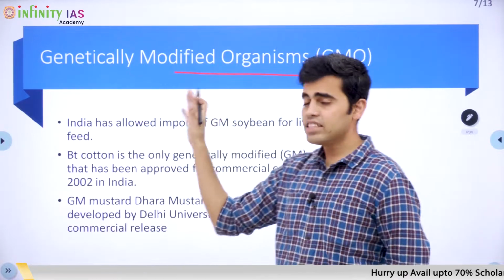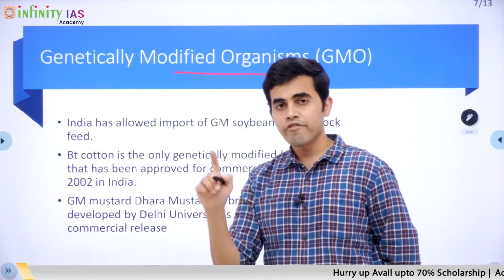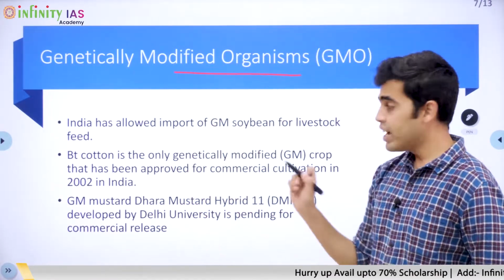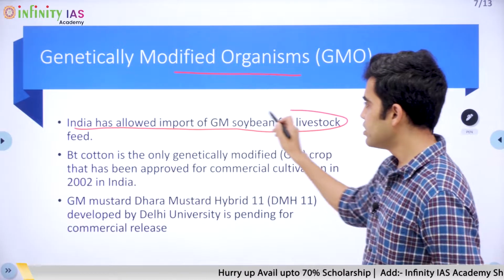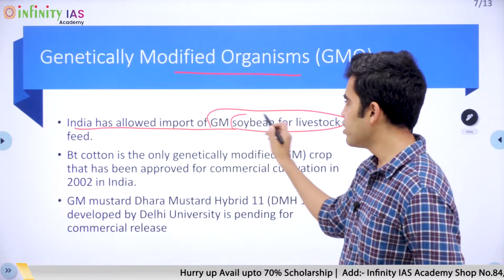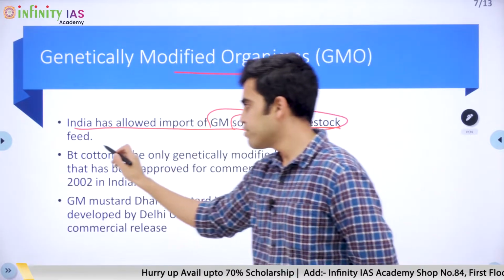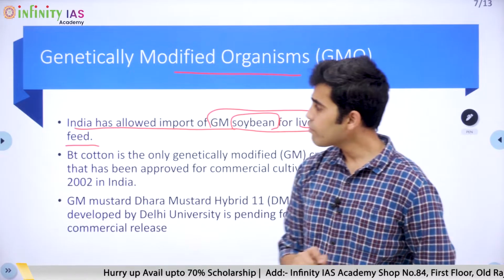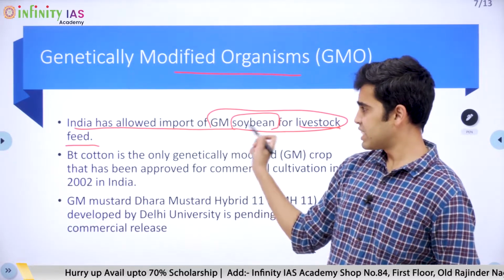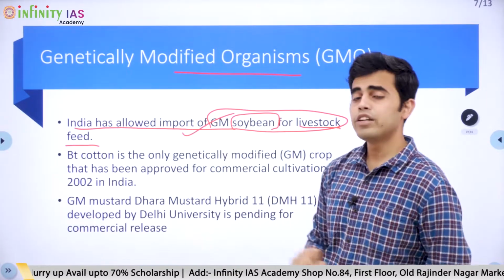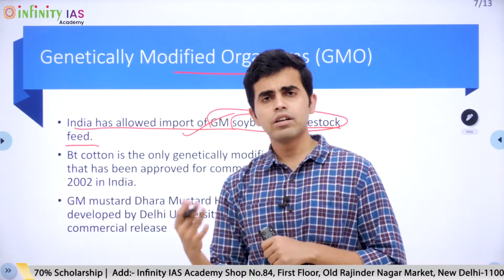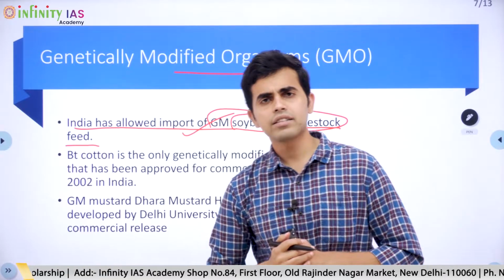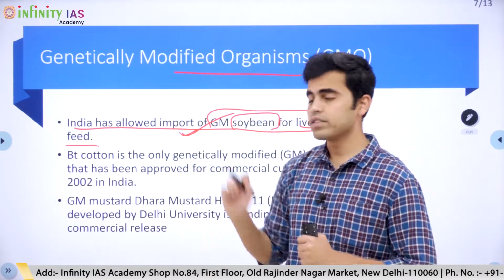So why GMOs is recently in news for the prelims examination this year, it is important because India has allowed import of genetically modified soya bean for livestock feed. So what is very special about this particular news item? We have seen that genetically modified crops have certain favorable characteristics. So what is so special?